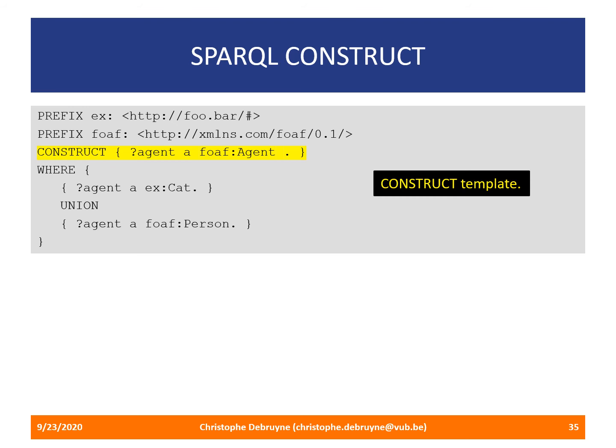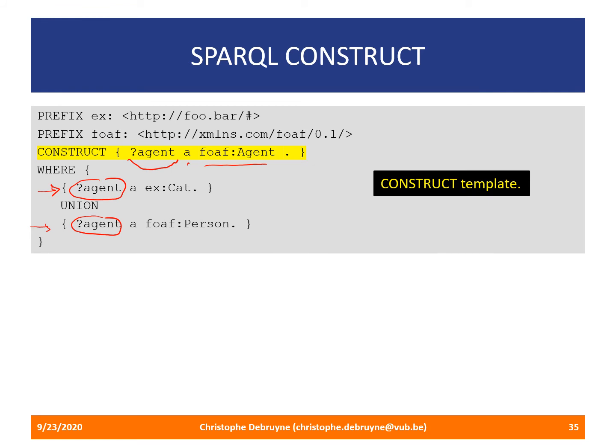So what I do here is I'm looking for all the cats and I'm looking for all the people, and I share the variable agent for this union. And then all solutions, all values bound to that variable agent will be used to construct the following triple: value of variable a FOAF agent.